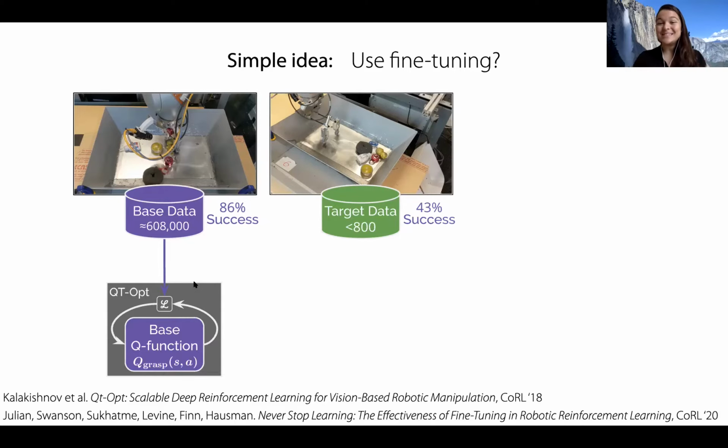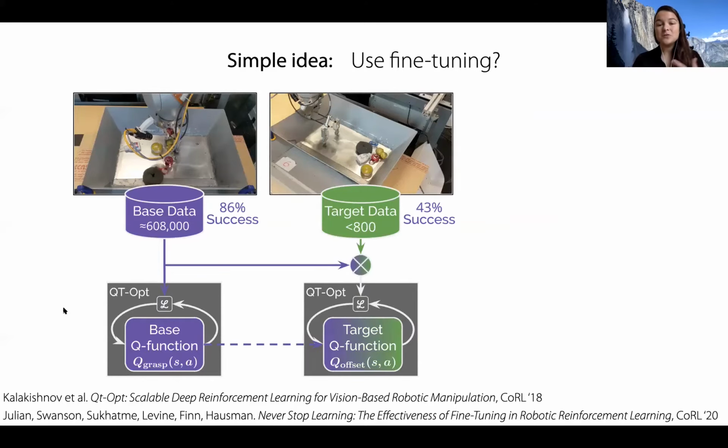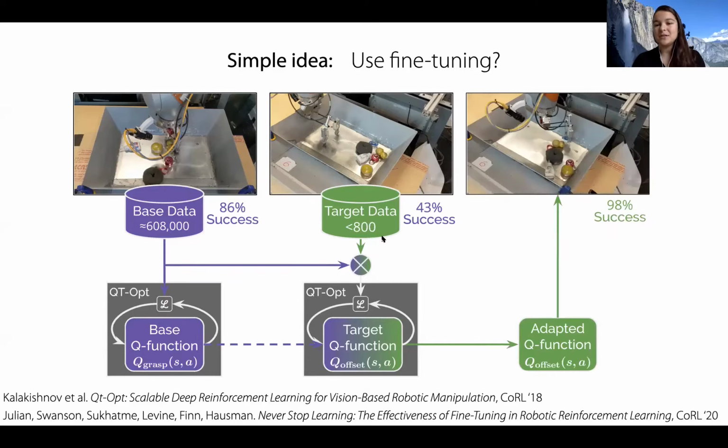We can actually continue to learn in this new environment, where we initialize our Q function with the Q function from the training environment, and then fine-tune that neural network using the target data as well as some of the base data. It turns out that if you use fine-tuning with less than 800 grasps, you can get to a success rate of 98% in this new environment when the gripper has been offset by 10 centimeters.